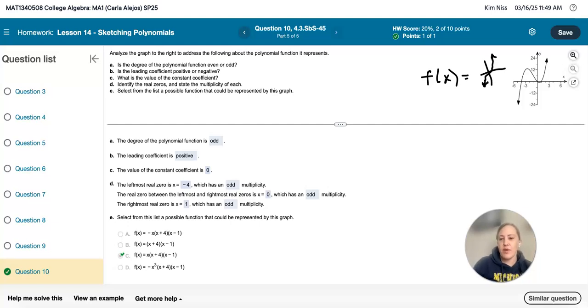Basically, you want to compare it to your known basic graphs, and that's how you're going to answer these problems, but you're also going to use the information given on the graph. Knowing that, when we compare this to a known basic graph, the degree of the polynomial function is odd because of the end behavior.